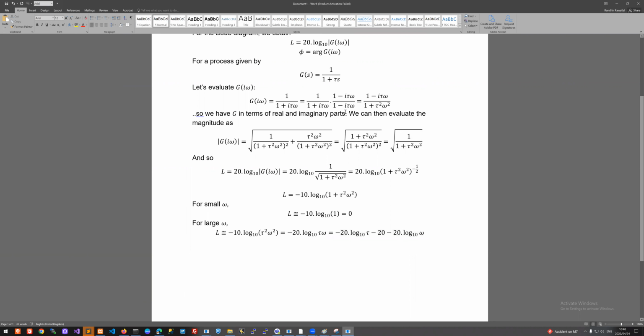If we think about the angle here, you can see that the real part is not changing with omega, whereas the imaginary part is growing with omega. And it's negative, right? It becomes negative.